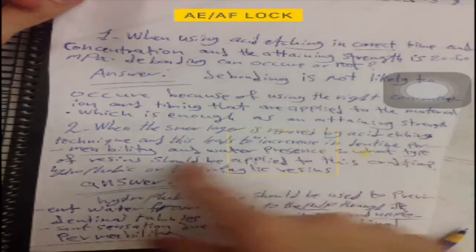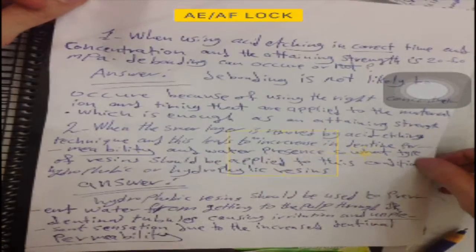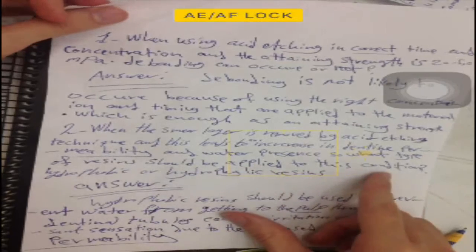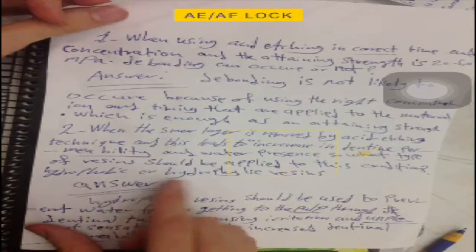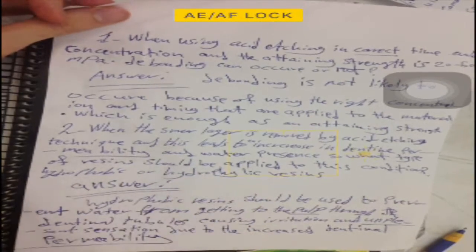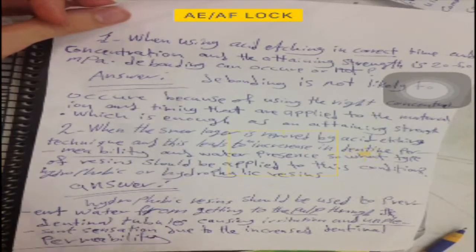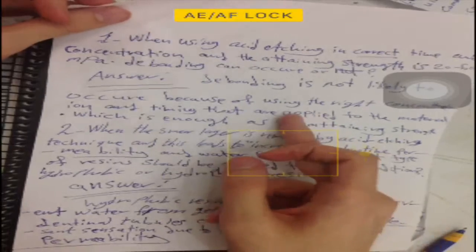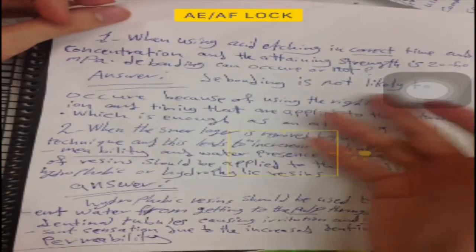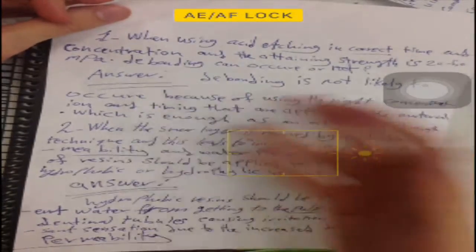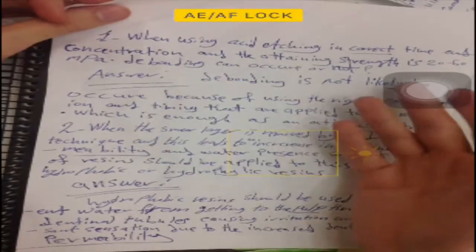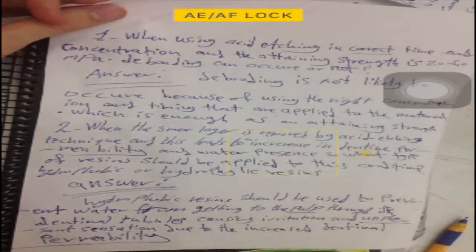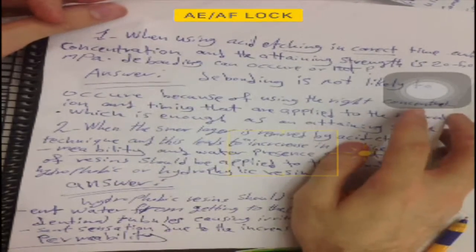So what type of resin should be applied to this condition, hydrophobic or hydrophilic one? And the answer was hydrophobic here, and here this was sufficient debonding barrier because of time, and applied force is enough, which is 20 to 50.